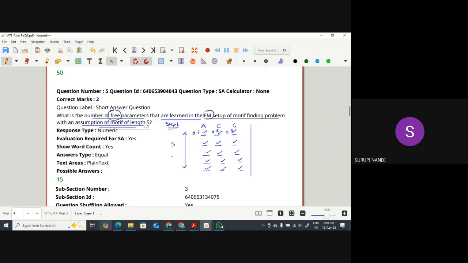So since the sum of the 4 values is equal to 1, we can pick any 3 values to be whatever we like, and the fourth value will be determined. Yes, inferred. So in every row we pick three, so 5 rows, 5 into 3, 15.